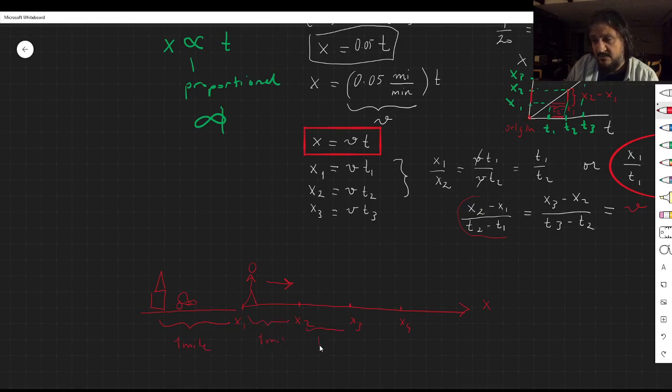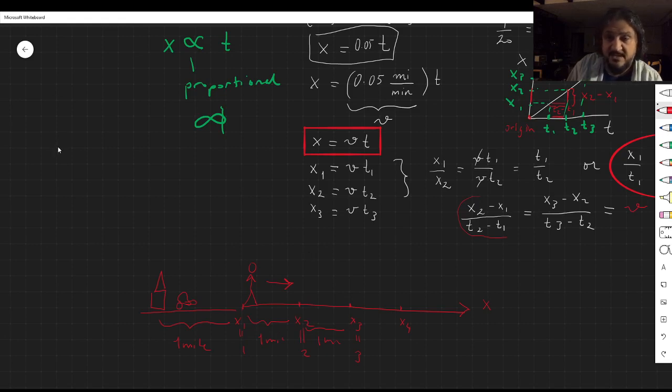I walk for another 1 mile. But the numbers here, x1 is 1, x2 is 2, x3 is 3. These represent something else, right?